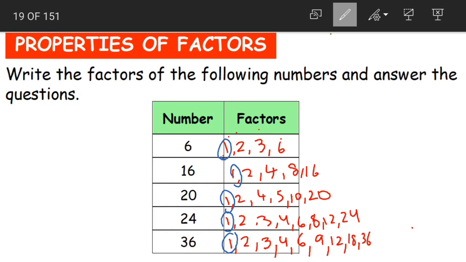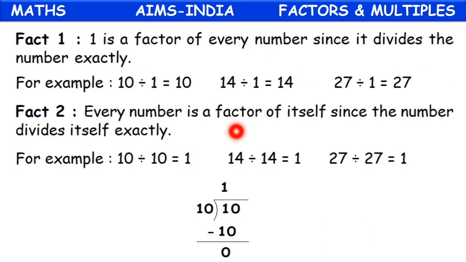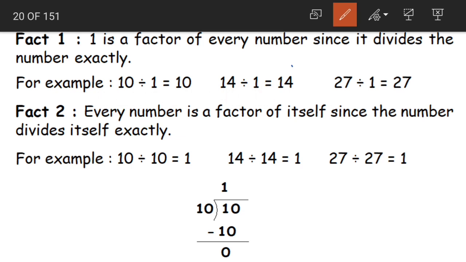Why? Because it divides every number exactly. See, 10 divided by 1 is 10. 14 divided by 1 is 14. In any case, the remainder will always be equal to 0. So what is a factor of every number? 1 is a factor of every number.